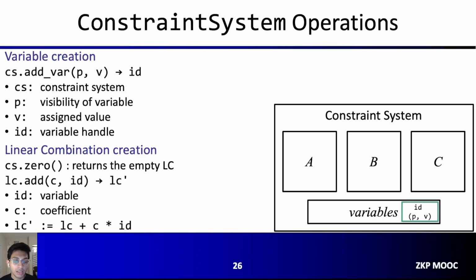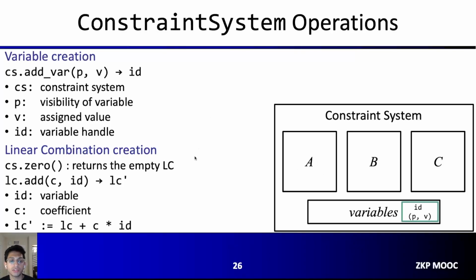Once you have a bunch of variables that you've gotten by calling cs.addVar, you can construct so-called linear combinations. This is basically, as I said, a list consisting of coefficient, handle pairs. So what this looks like is you can use cs.0 to create an empty linear combination which contains nothing.